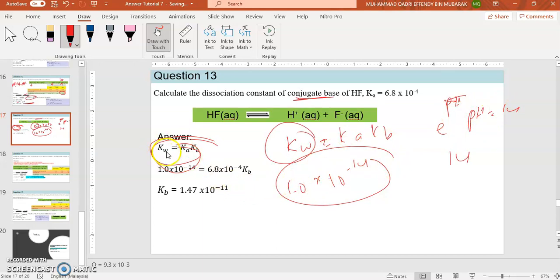So by using this relationship, Kw equals Ka times Kb, where Kw is 1.0 times 10 to the power of negative 14.